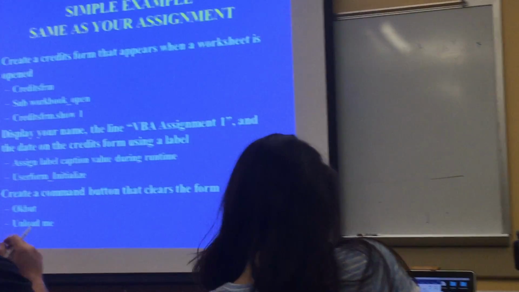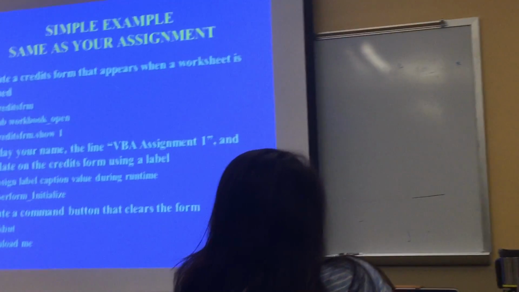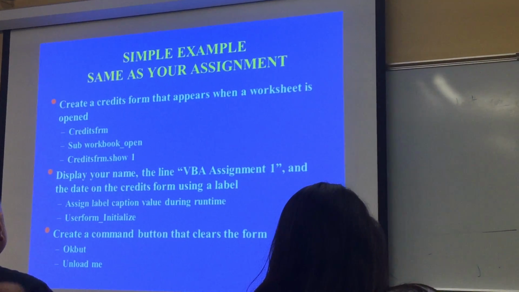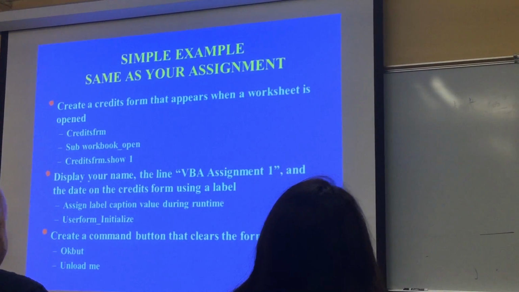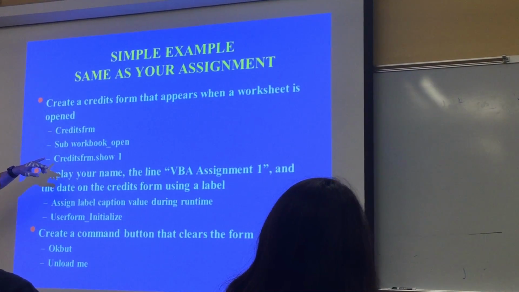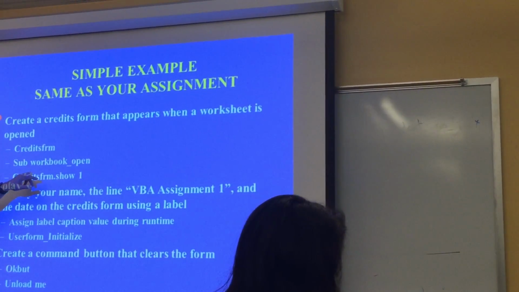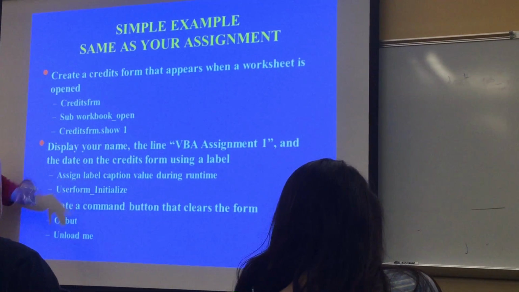your first assignment is. You need to have a situation where when the workbook is opened, we want to control it. We want the credits form to be shown, and the way we're going to do that is we're going to go to the Project Explorer, go to the workbook, and we're going to execute some code associated with workbook open.